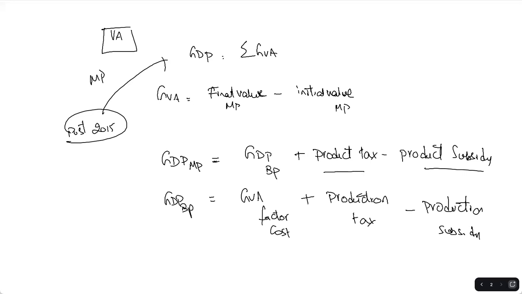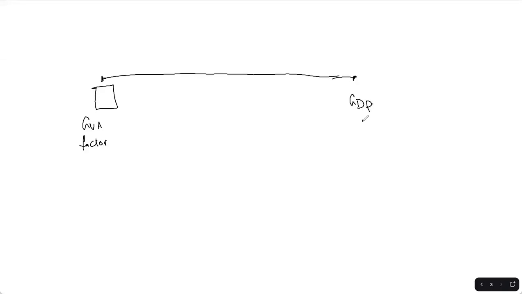Okay, this can be represented pictorially in this format. Let's say at the factory, you have produced something. Here, you can call it GVA at factor cost. Finally, when the product reaches us, we call it GDP at the market prices. Somewhere in between, we can calculate GDP at basic prices.